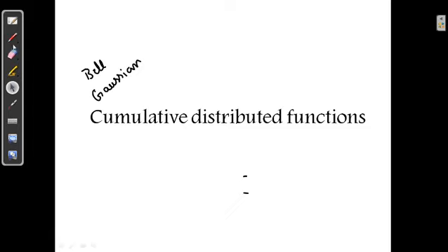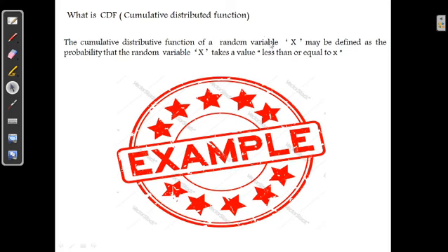Okay, next, the same thing, let me explain again. The cumulative distribution function of a random variable x may be defined as what? The probability that the random variable x takes a value less than or equal to x. So what does it indicate?